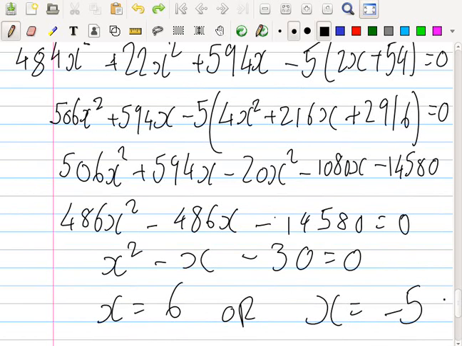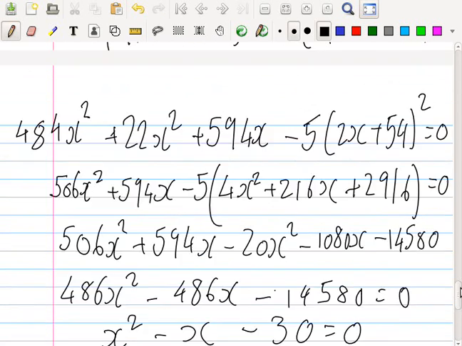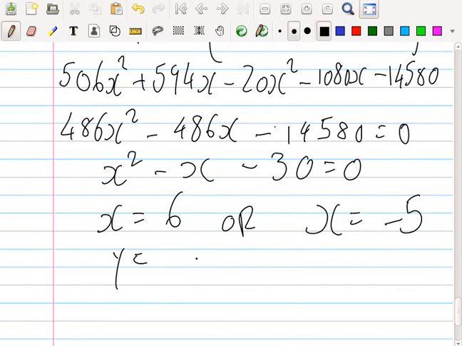Now that I have the x, how can I get the y? Sub it in. So if I go back up to my first one, 2 divided by 11 times 6 plus 54 over 11, that gives me 6 as my answer.